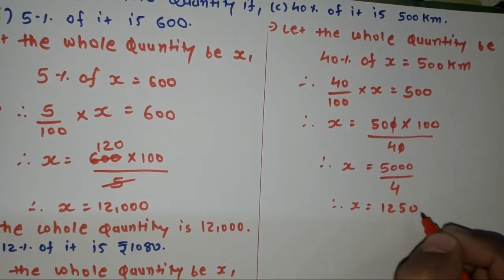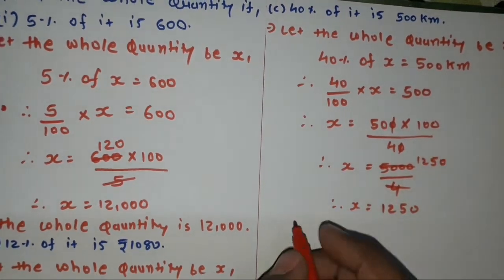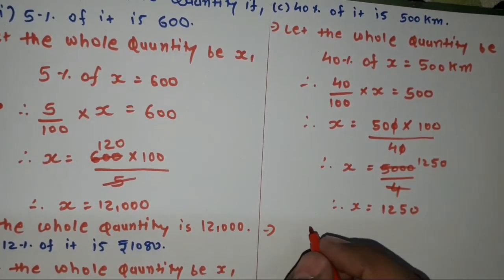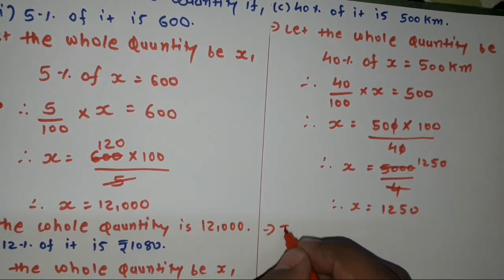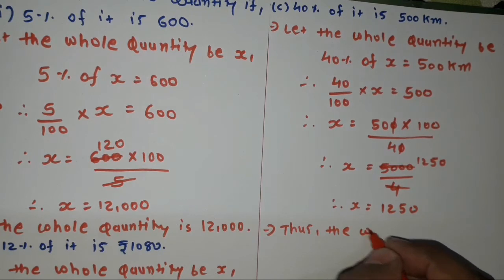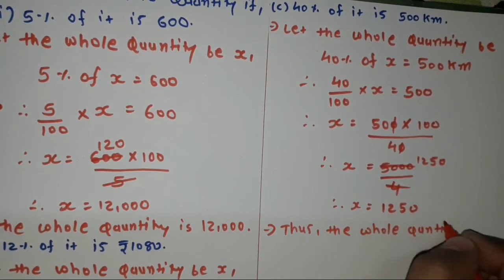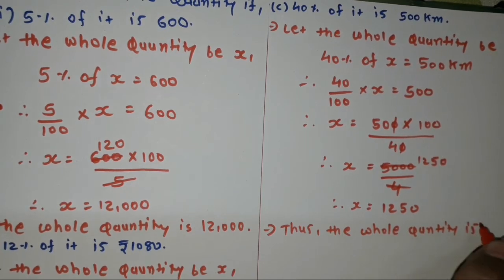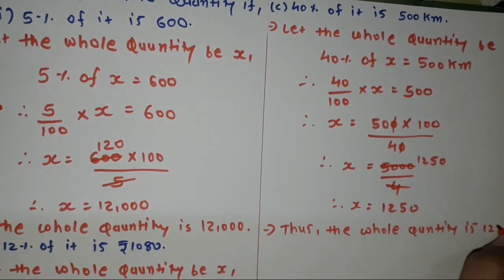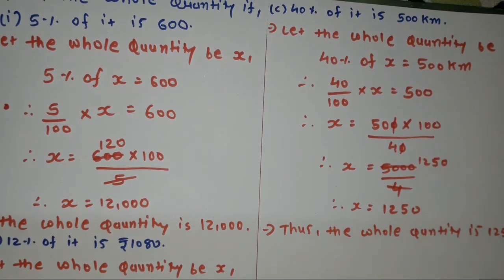So here at last we can write the statement that thus the whole quantity is now 1250 kilometers. That means 40% of 1250 kilometers is how much? 500 kilometers.